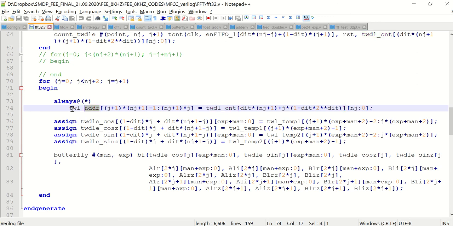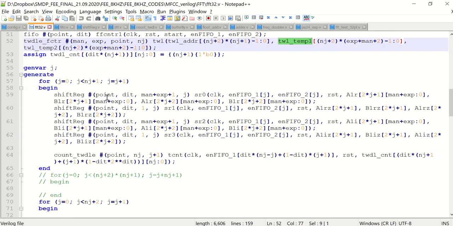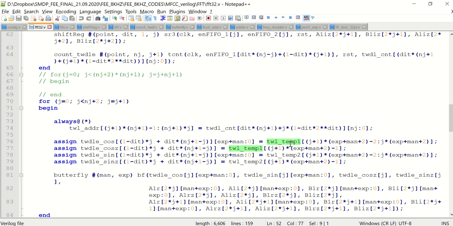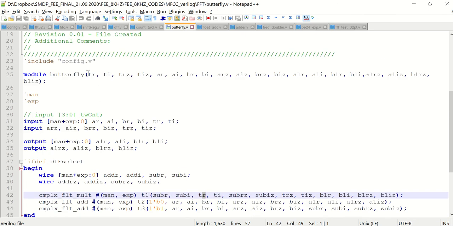And once we get the twiddle factor address, that is given to the twiddle factor module, and we get our data, that is twiddle temp 1 and twiddle temp 2. These are our cos value and sine value, which are taken and processed by the butterfly. What this butterfly module does is that it takes inputs, and TR, TI are the twiddle factor inputs.